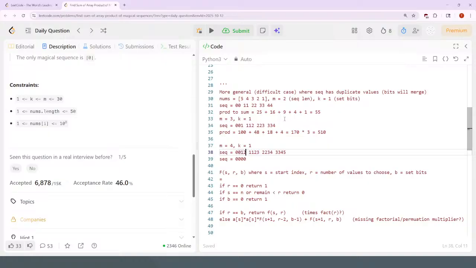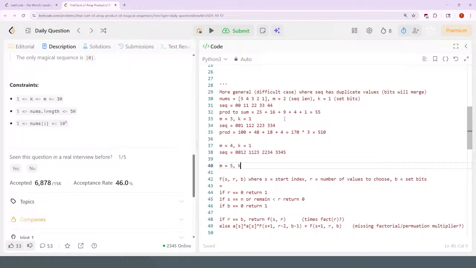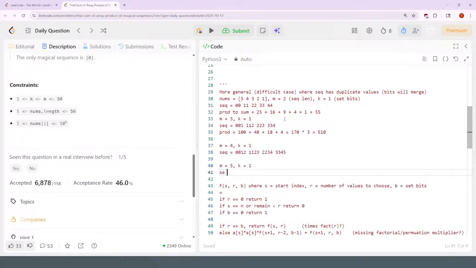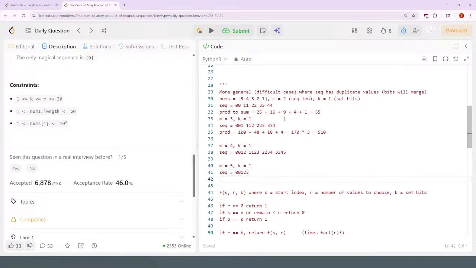But in theory, if this was something where m equals 5, k equals 1, the sequence could be 0, 0, 1, 2, 3. This makes a 1, this makes a 2, this makes a 3, that makes a single 4. That's set.